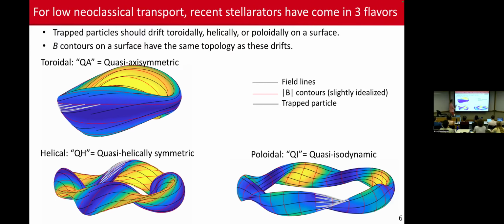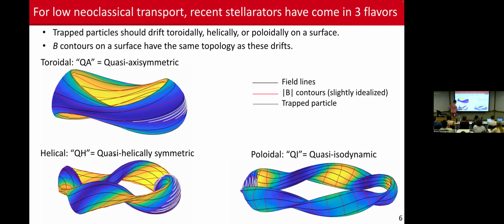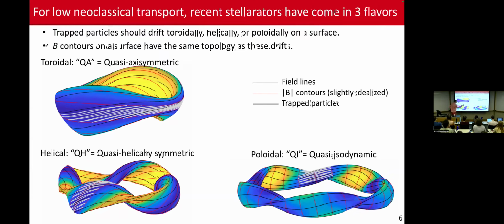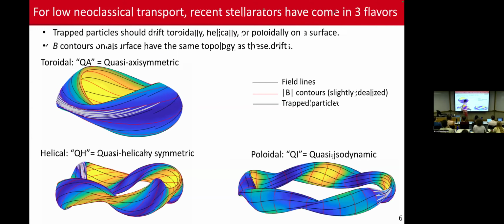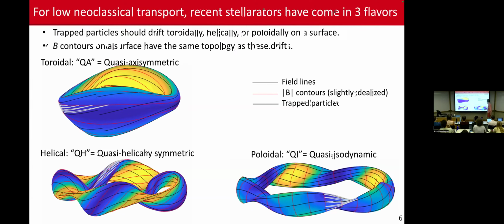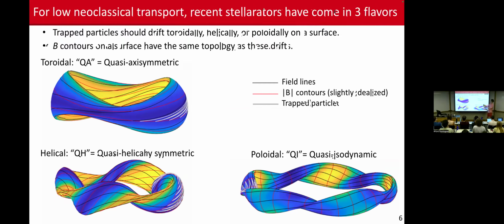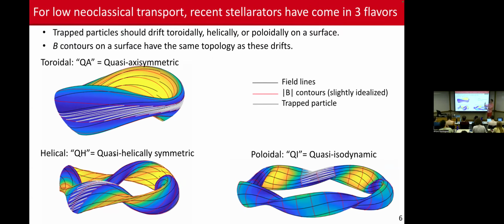Same thing with the quasi-helically symmetric: it's bouncing between B contours that form like a helical ribbon and slowly going helically around the stellarator. And lastly, with QI, or in this case, quasi-poloidal symmetry, it's bouncing between two poloidal contours of mod B and just wrapping around poloidally as it drifts.